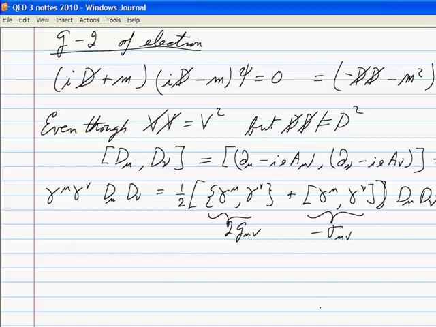So the first term gives you the D squared piece, the usual D squared, and the second term is minus, actually I need an i right there, e over 2 sigma mu nu F mu nu.